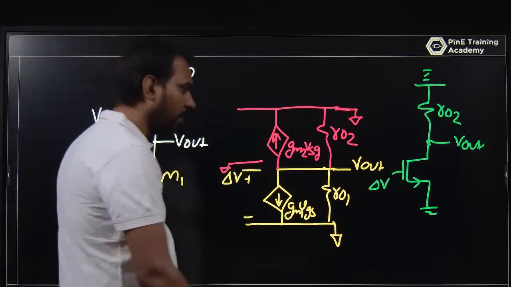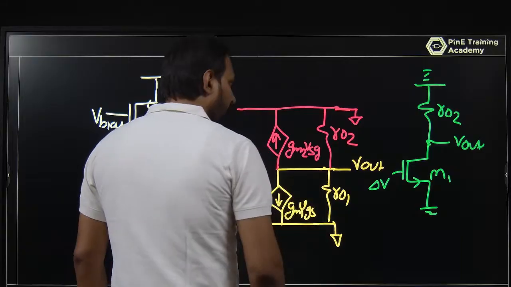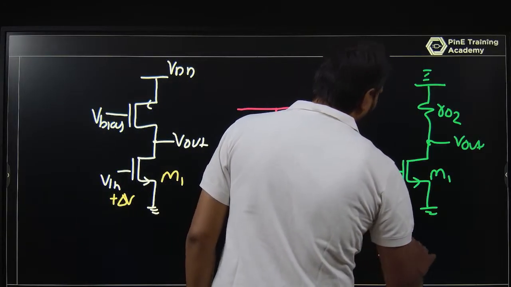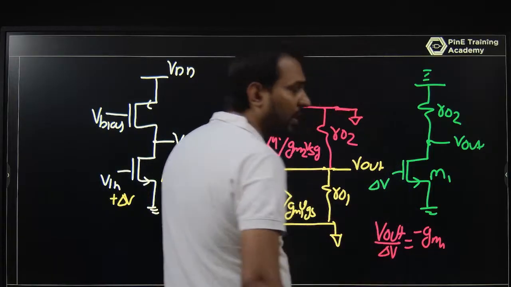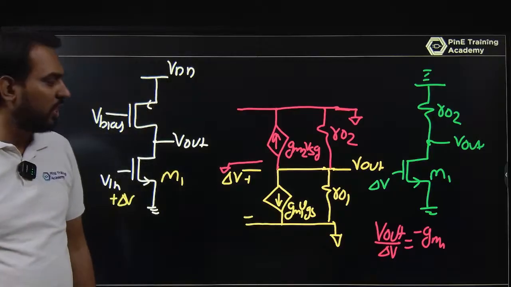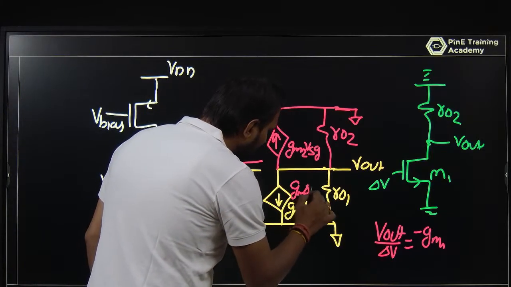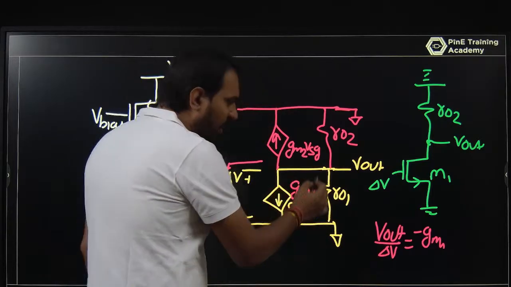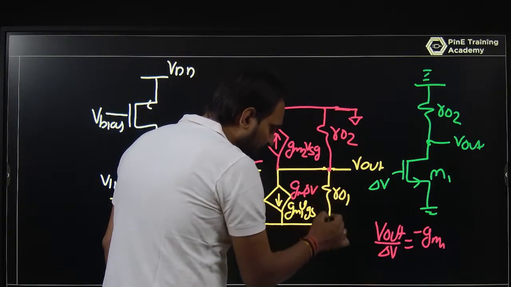And what will be V out by V in, yeah, V out by delta V? That is minus gm1. We discussed that it is always minus gm1. Why? Because this is gm1 into delta V, because the source is grounded and the gate has a delta V. So this is gm1. This is R01 at V out with respect to ground.